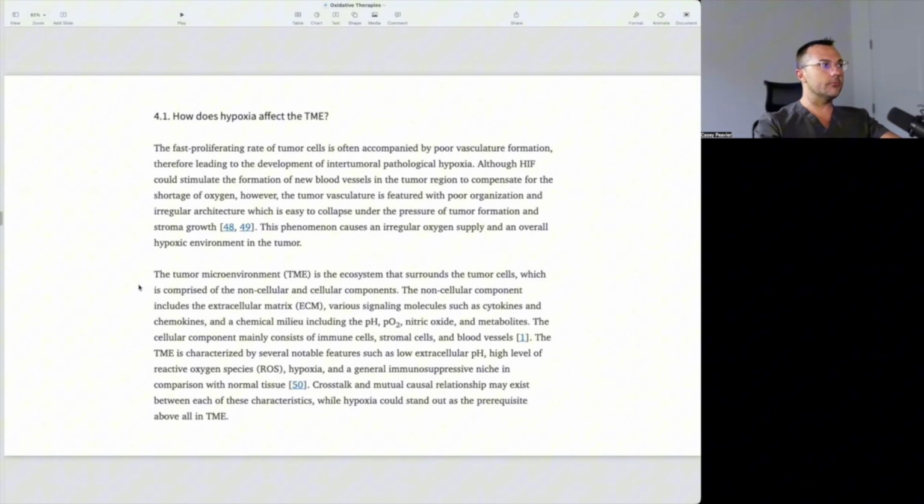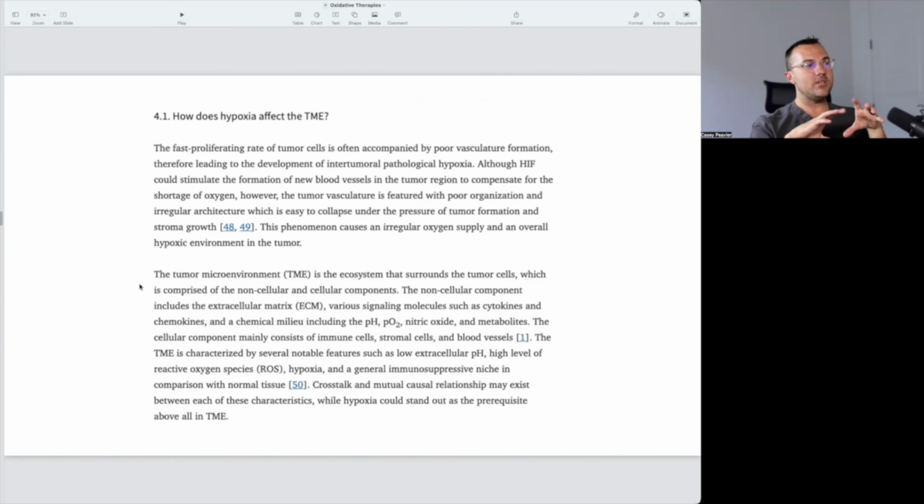The cellular components mainly consist of immune cells, stromal cells, and blood vessels. The TME is characterized by several notable features such as low extracellular pH, aka acidic pH, caused by the lactate and succinate building up in the tumor microenvironment, high levels of reactive oxygen species or oxidative stress environment, hypoxia, and a general immunosuppressive niche in comparison with normal tissues.